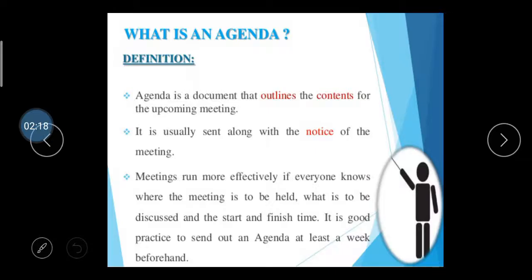So it is good practice to send out the agenda at least a week before the meeting. Then your participants, employees and shareholders get an idea about what will be discussed, and they can also prepare questions regarding the meeting.